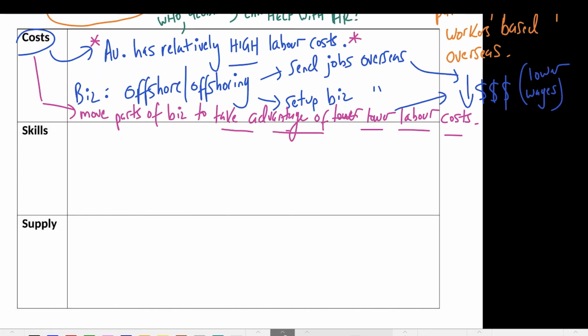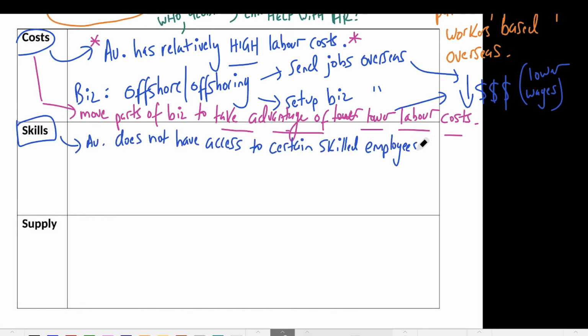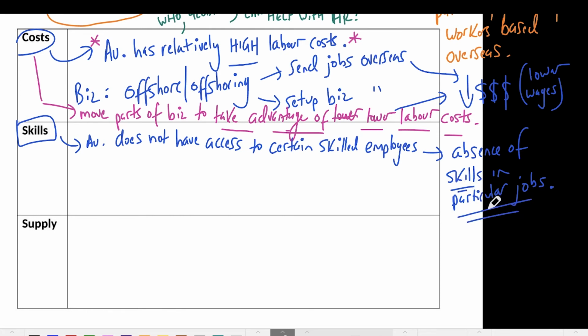The other thing we can think about is in terms of skills. What we're saying here is that Australia doesn't have access to certain skilled employees. When companies look around Australia, there is an absence of certain skills, so we don't have sufficient workers with the skills needed for particular jobs.